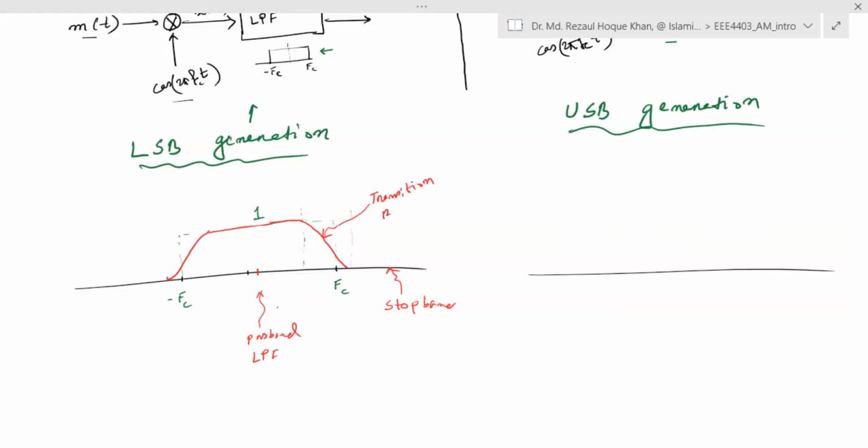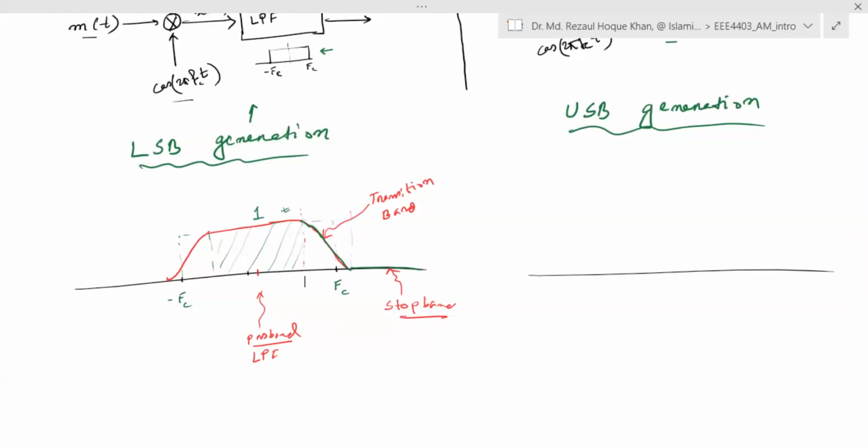Transition from pass band to stop band. So this portion is the transition from the pass band to the stop band. That's what I'm trying to say.